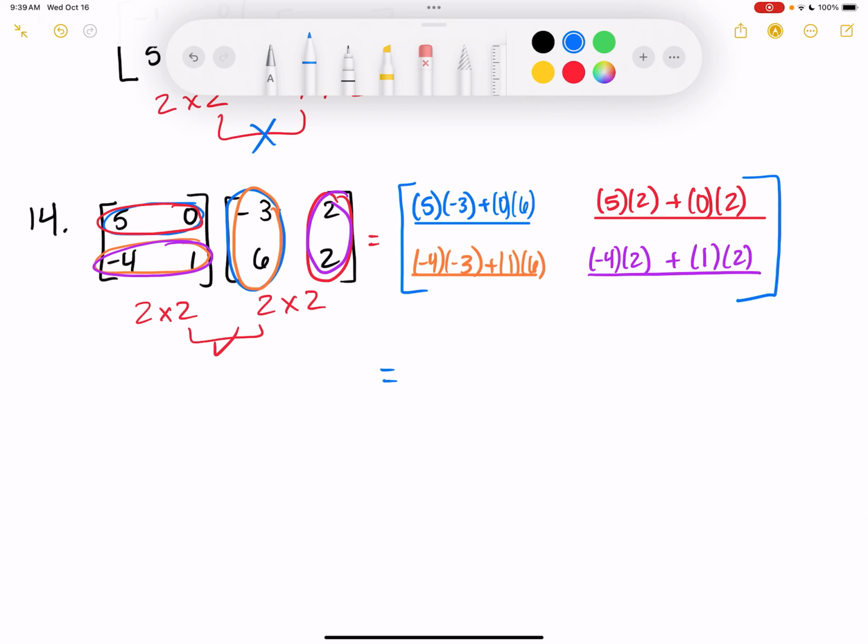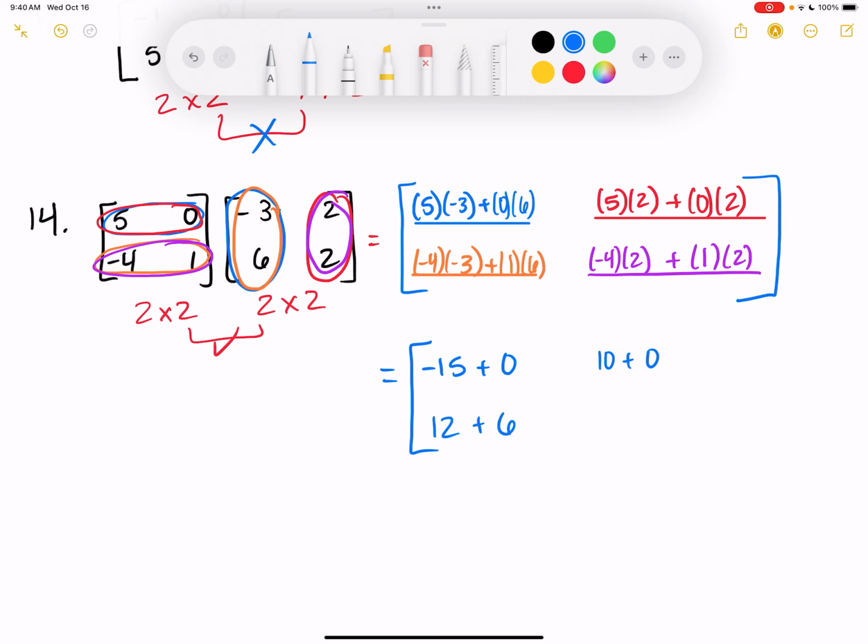So, in here, if I wanted to, instead of doing this step that I just did, I could have gone to this point instead. I could have said negative 15 plus 0, 7. Over here, 10 plus 0. 12 plus 6, 8.